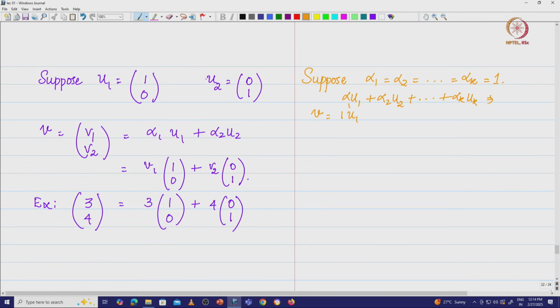If alpha 1 is 1, alpha 2 is 1, alpha k is 1, then I have 1 u 1 plus 1 u 2 plus etcetera 1 u k. So, V is nothing but simply the sum of the vectors u 1 plus u 2 plus etcetera plus u k.